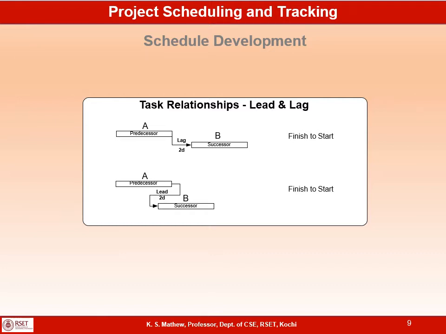Unless A is completed, you cannot start B, but we can start 2 days ahead of completion of A, which is represented using a lead. So in project management tools or scheduling tools, there are options for all these types of relationships and for setting lag and lead.